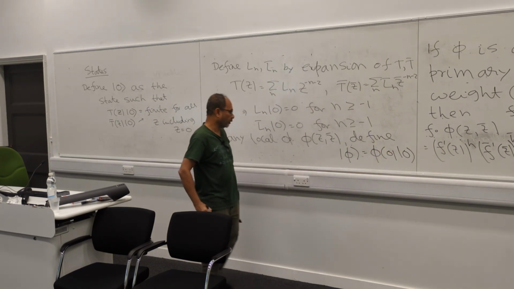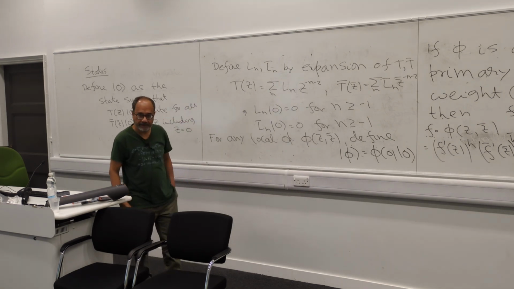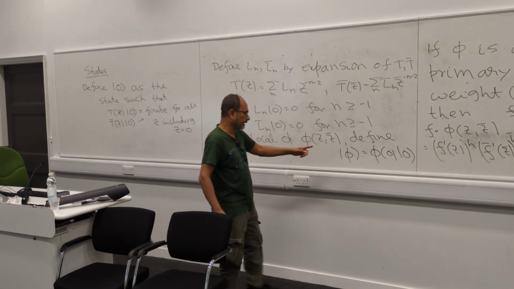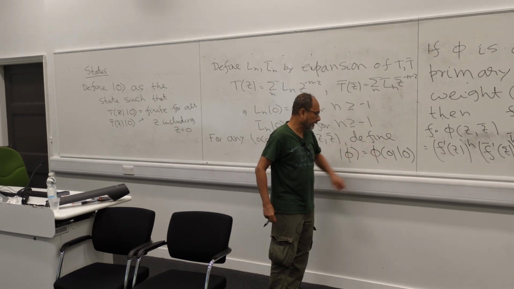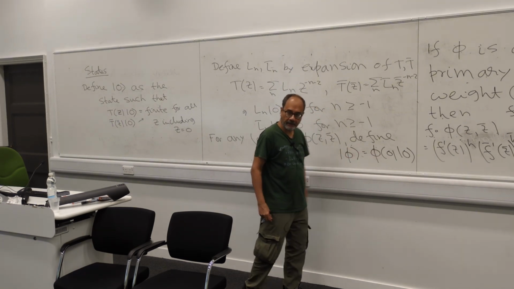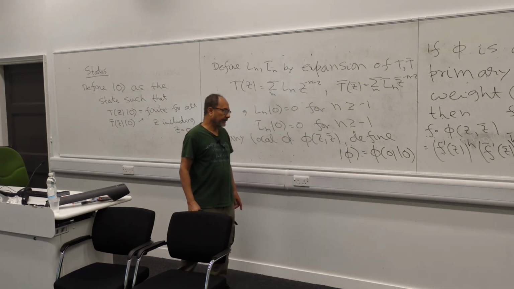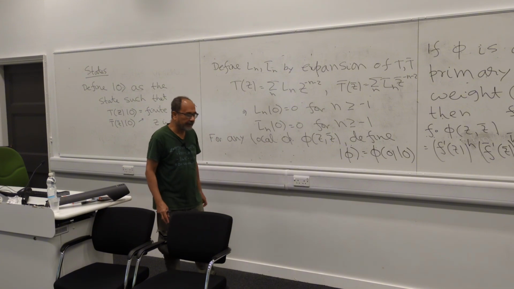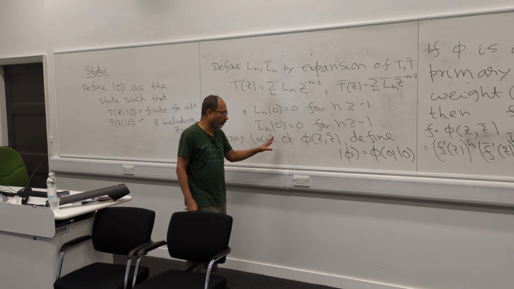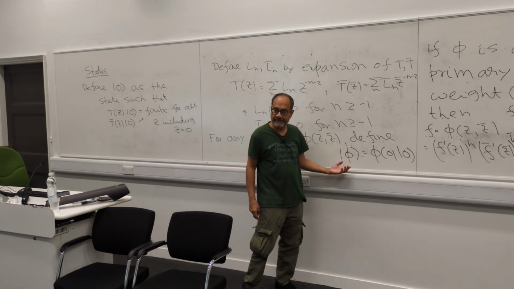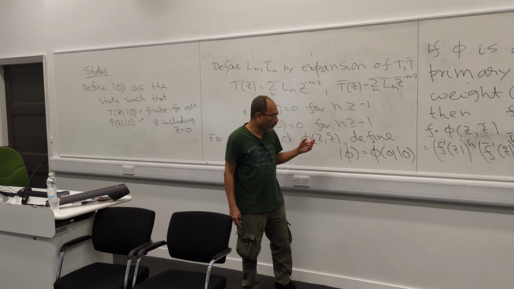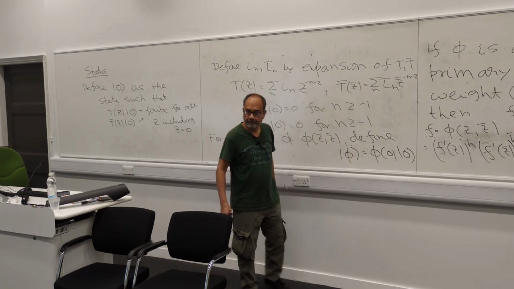This is the state operator correspondence, that for every local operator phi, you can define a state by applying that operator at 0 on the vacuum. But what is special about conformal field theory is that this is a one-to-one correspondence: for every local operator you can define a state, but also for every state you can find a unique local operator which has this property.